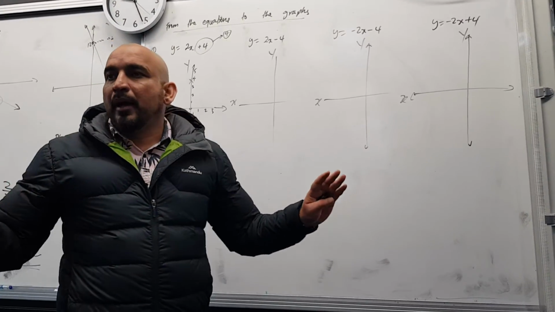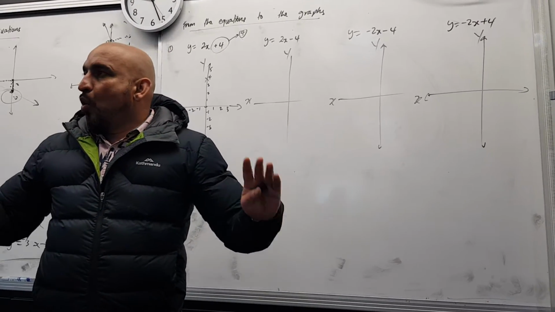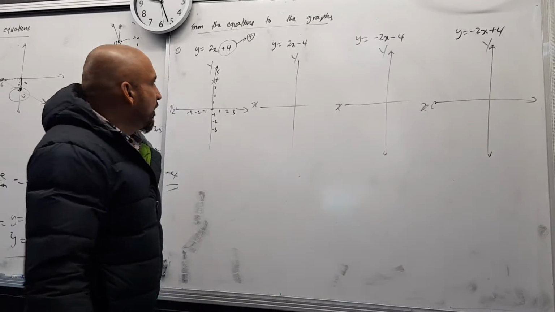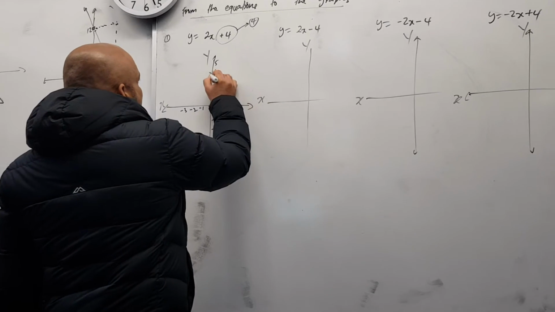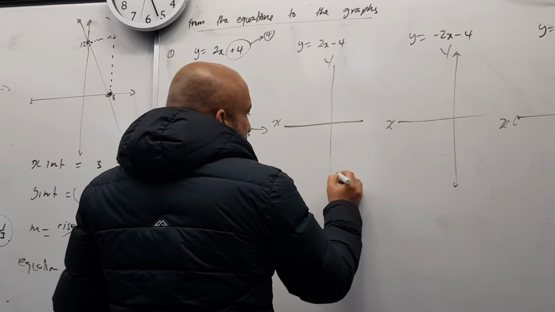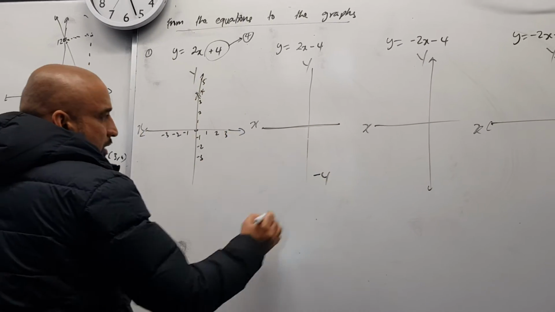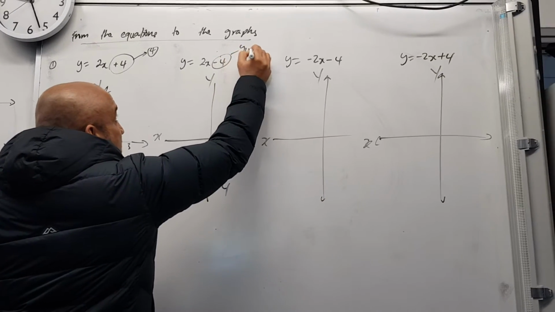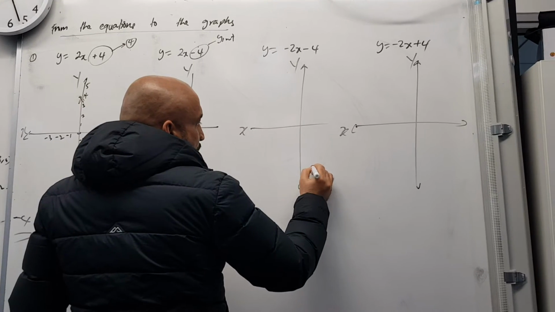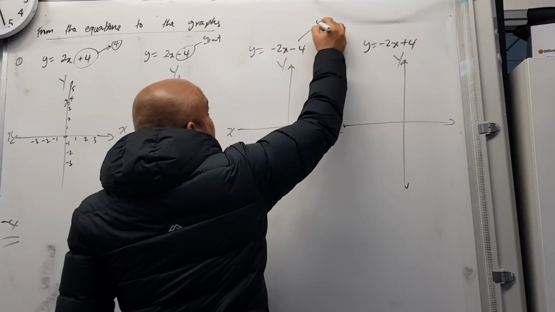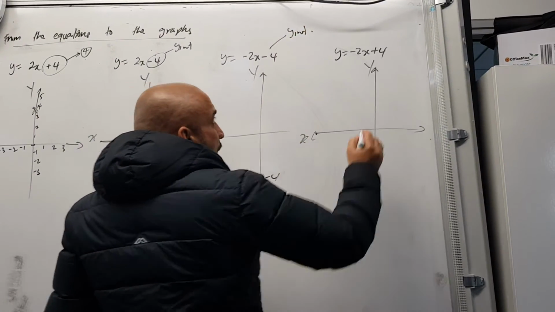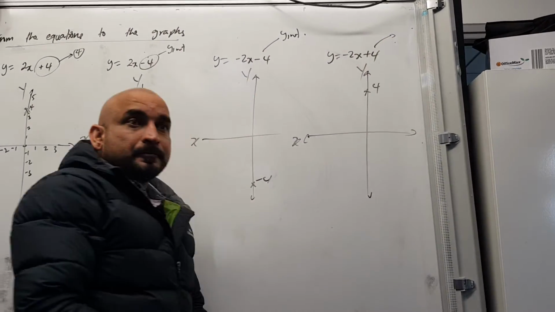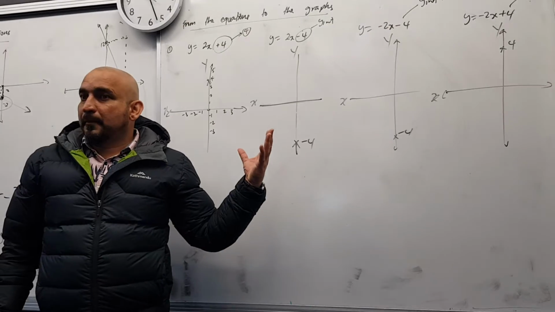Whatever the y number is, you just place it to locate the y-intercept, so 4 is there. This is minus 4. The last number is the y-intercept. Clear?